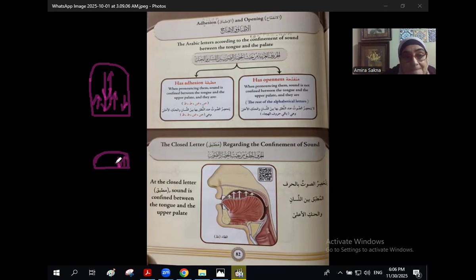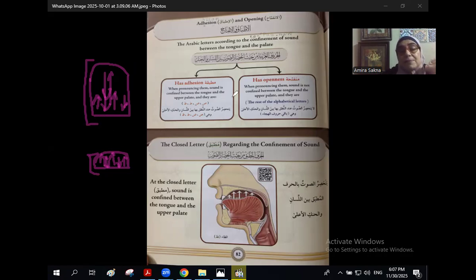It is the same, but here it will be much, much more, because the size here is tiny. Compare this size and this. The smaller the area is, the more the echo will be and the more the tafkhim will be. The larger the area, the less the echo and the less the tafkhim. This is physics. This is not tajweed. This is science.